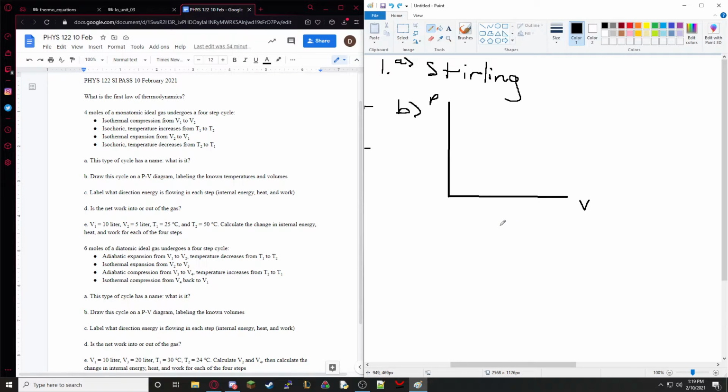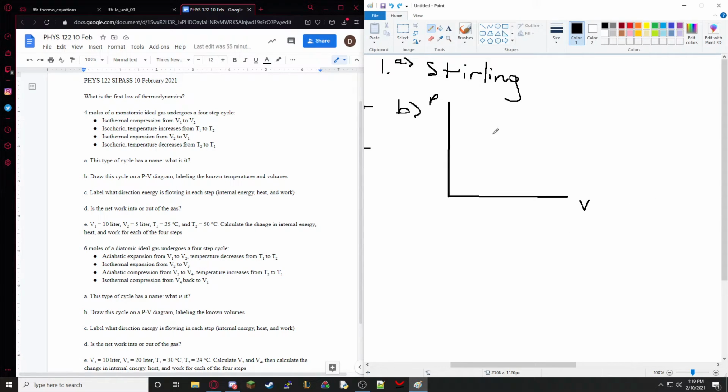And what do our isothermal processes look like? Is it going to be a straight line, a diagonal, straight horizontal, or a curve of some kind? Isothermal means constant temperature, right?